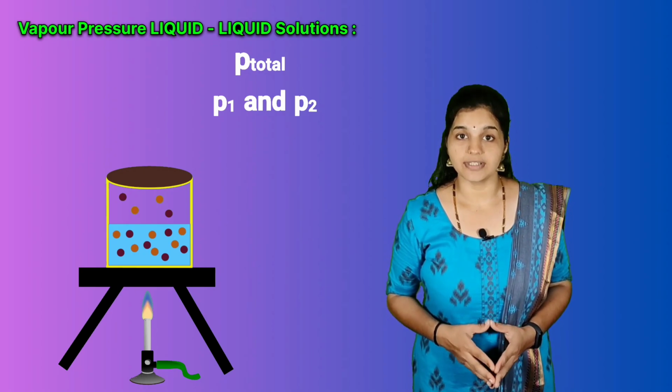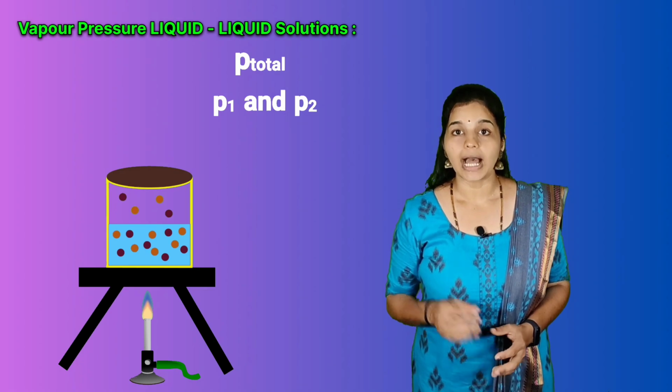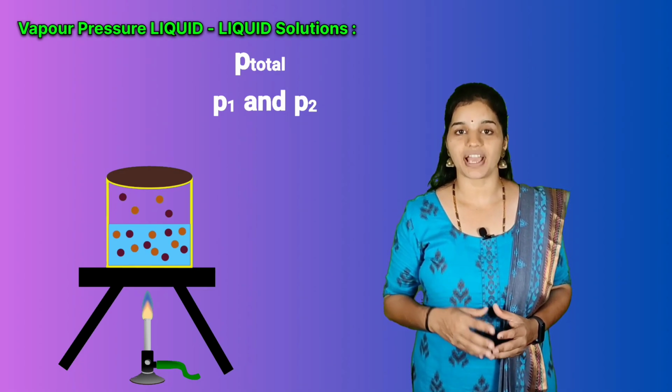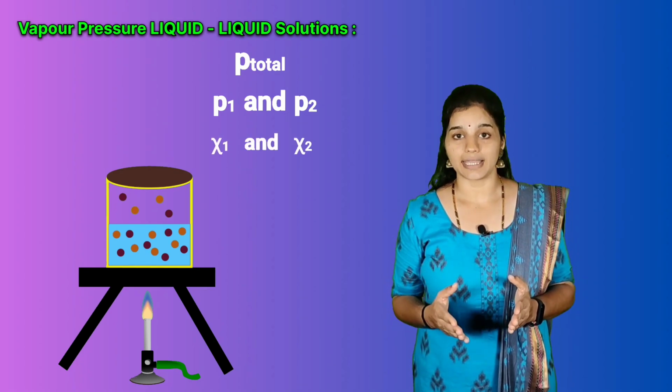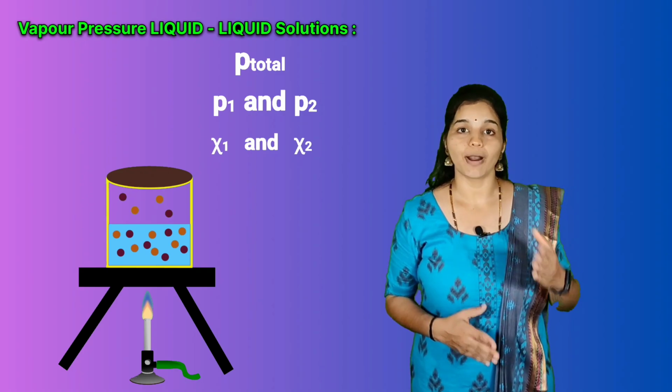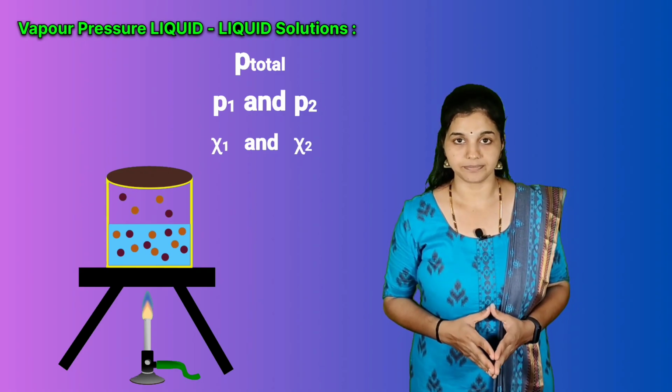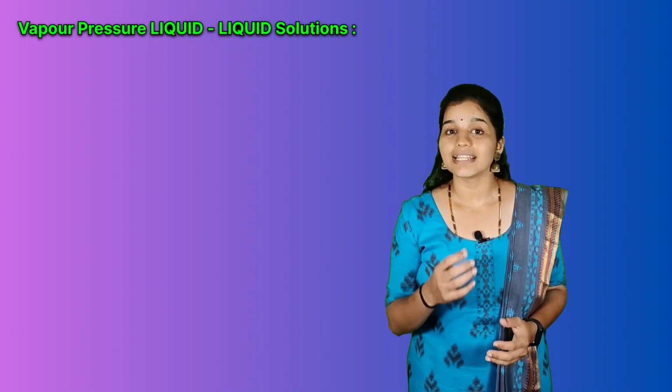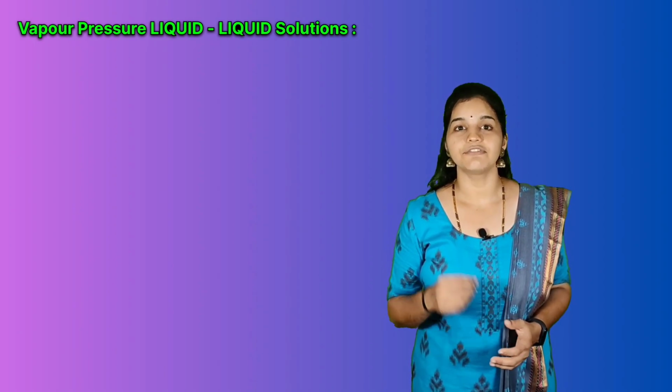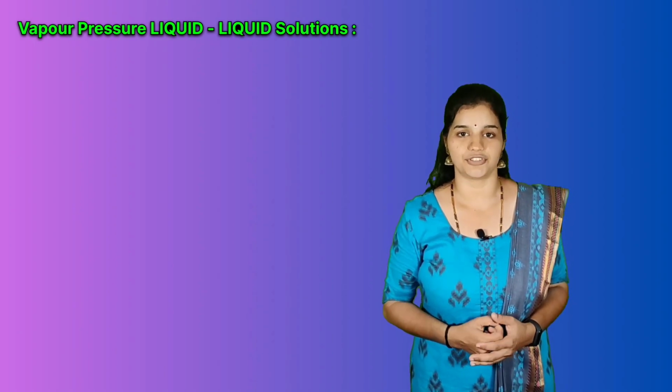These partial pressures P1 and P2 are related to the mole fractions chi1 and chi2 of the two components 1 and 2 respectively. How are they related? The relationship is given by French chemist F.M. Raoult.